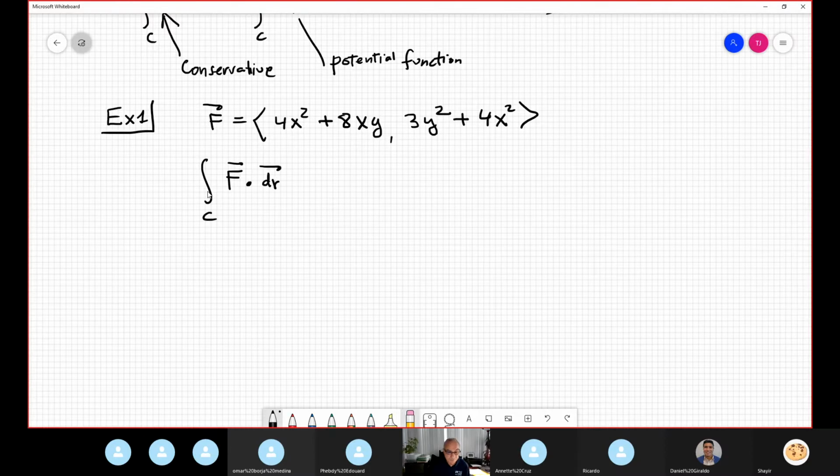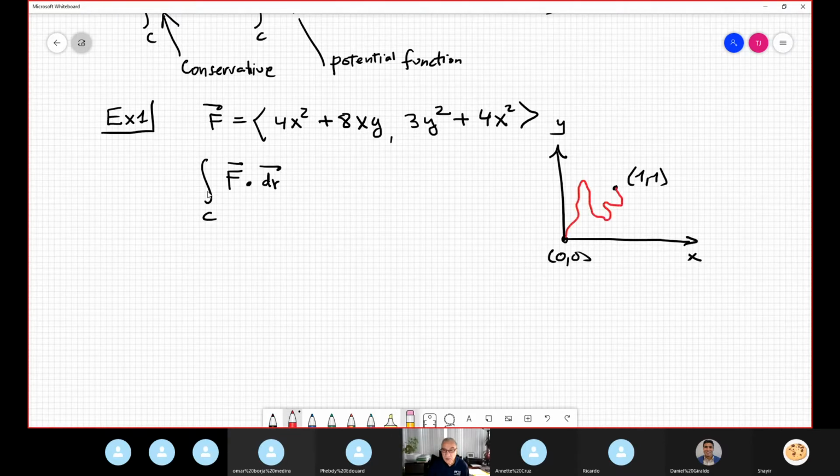And a curve, but this curve, for example, goes from the point 0,0 to the point 1,1. And the trajectory is, I don't know, completely crazy like that, right? In this direction.